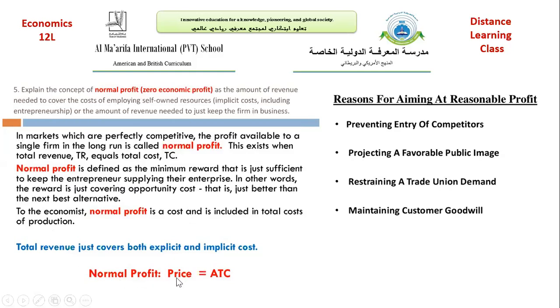Normal profit is when your price is equal to average total cost. Reasons why companies aim for reasonable profit: preventing entry of competitors, projecting a favorable public image, restraining trade union demands, maintaining customer goodwill.